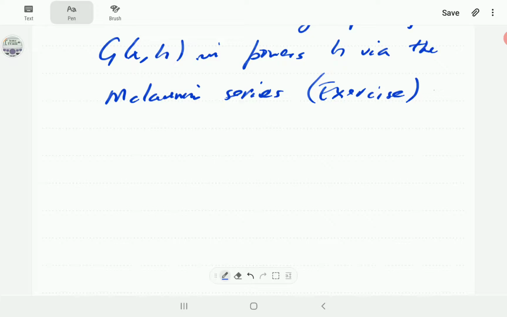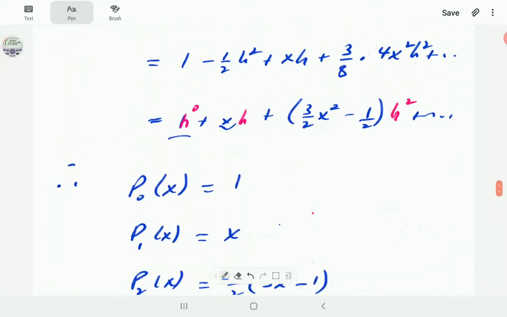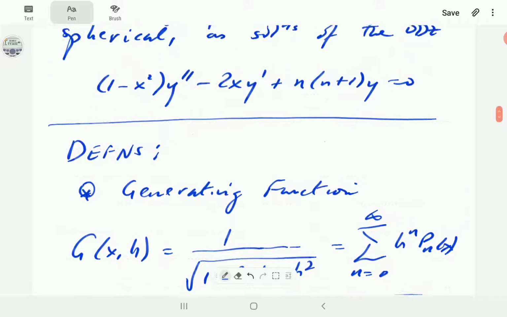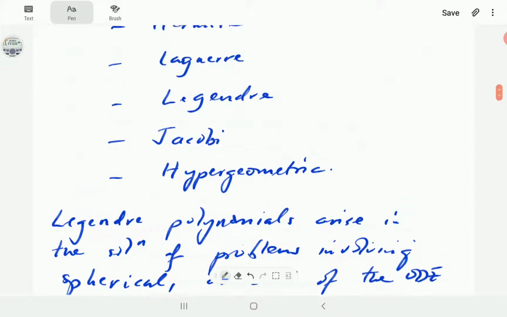Indeed, in our exercises, we've got exercises on, say, the Hermite polynomials, etc. The reason for this is that the structure of these polynomials is the same for all of them. So once you have seen one, basically you've seen all of them.